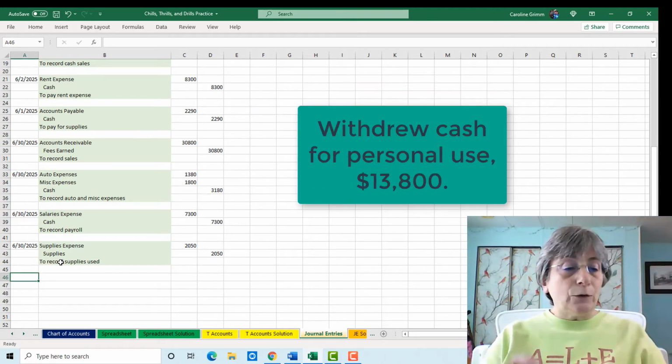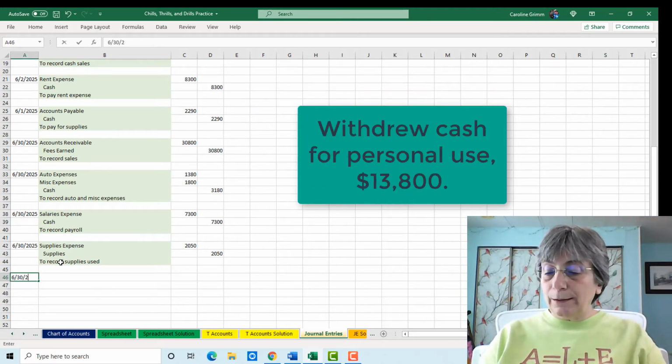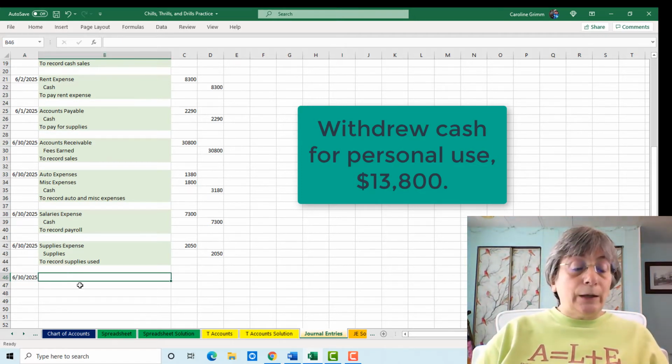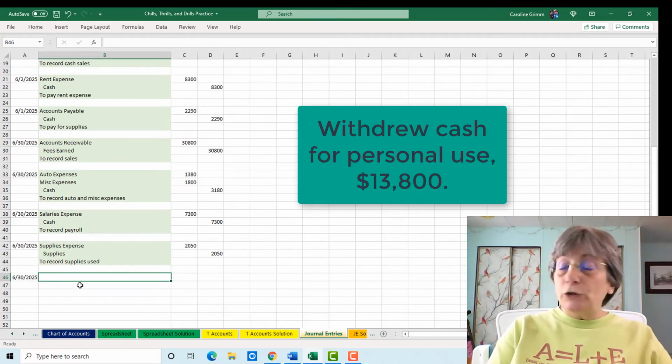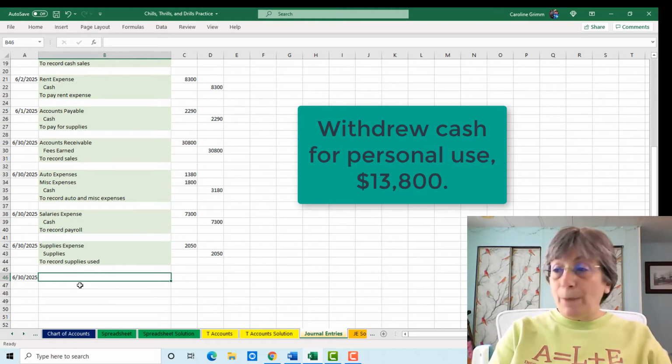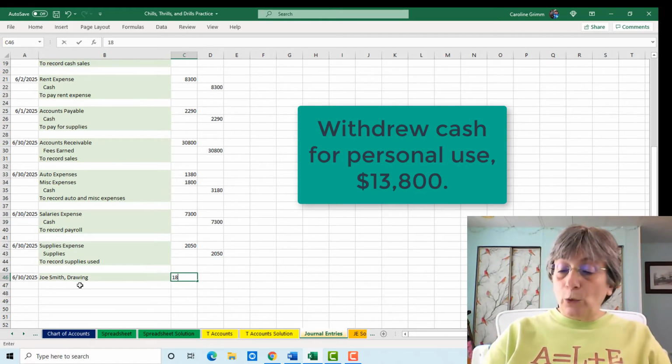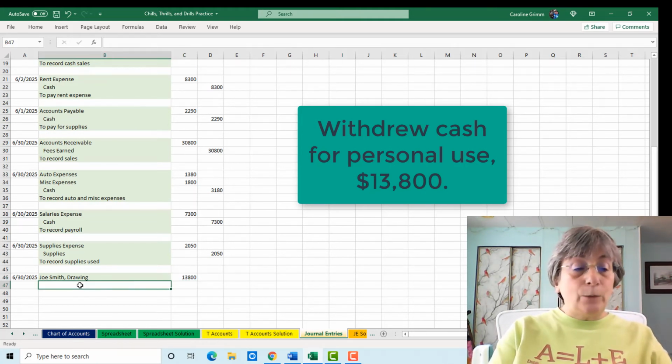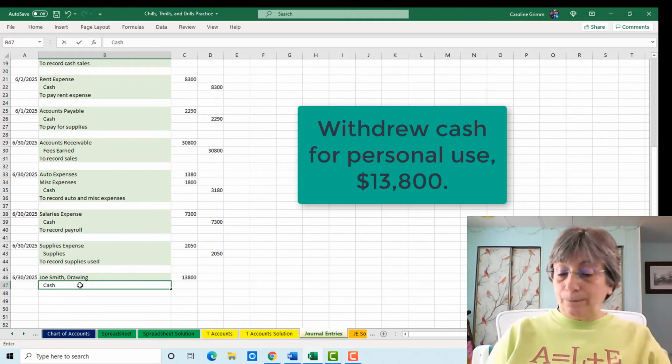And then as our final transaction for June, our business owner is going to withdraw some money from the business. So in this case, we want to use our Joe Smith drawing account, and we're going to put our $13,800 in here, and then cash.